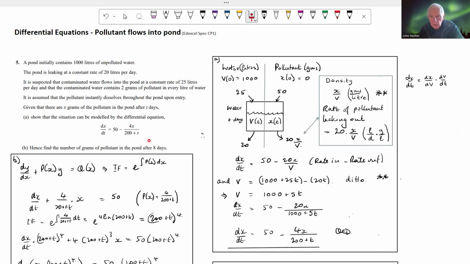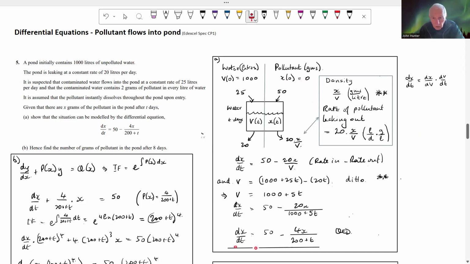We just have to spot the role of the density in there, and this is the sort of problem we're going to encounter in further maths. It's full of these compound measures that we have to take account of: densities, compound measures, grams per liter. That's a theme with these kinds of problems.